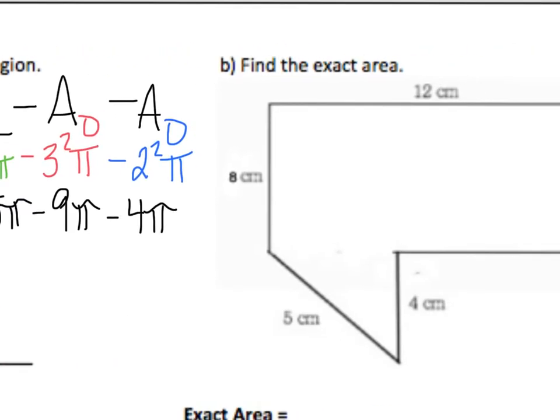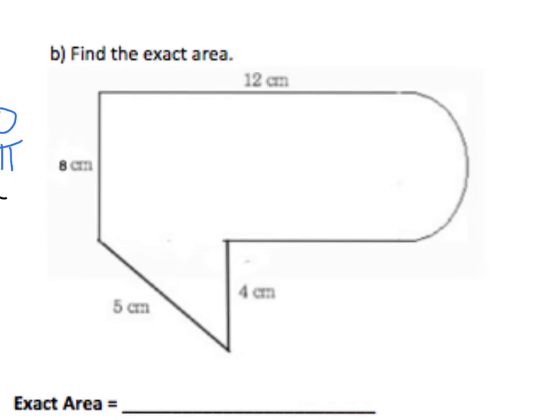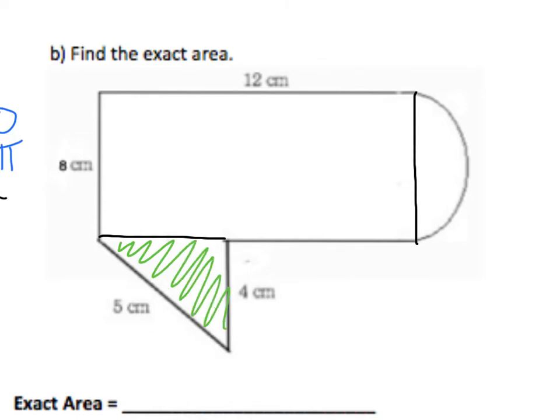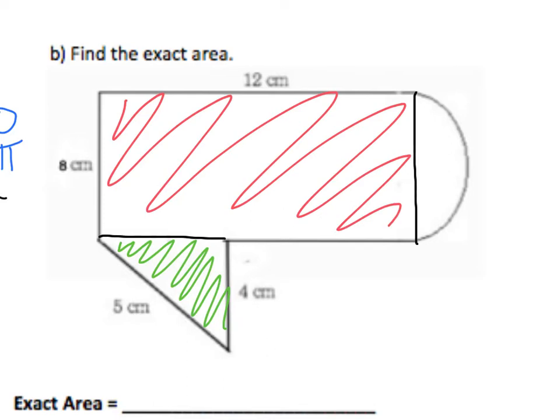All right, example number 2, we've got what looks like a triangle down here, and then a semicircle on the end, and then we've got a rectangle. So let's work with the triangle first. So here's our triangle, and then we've got our rectangle, and we've got a semicircle.